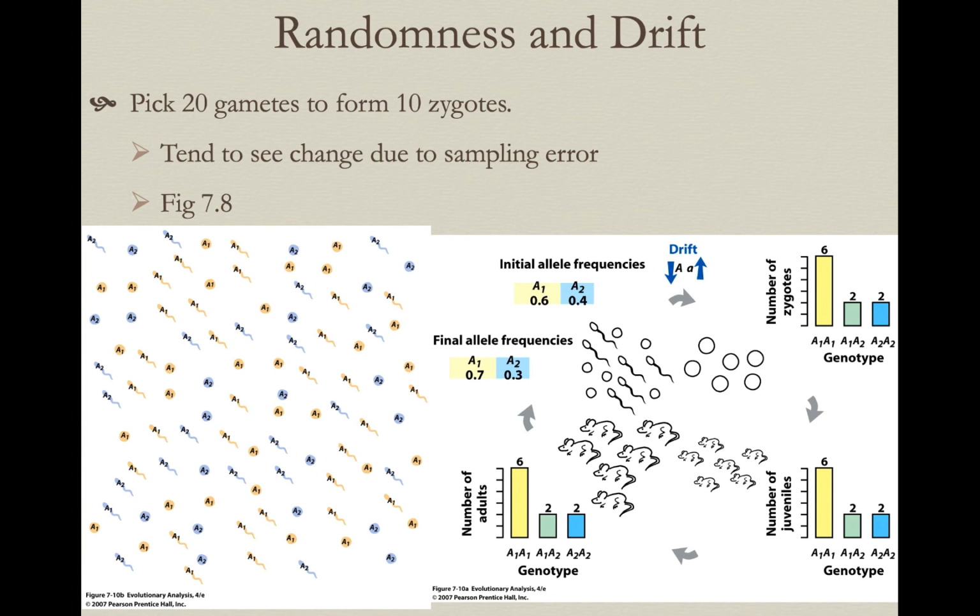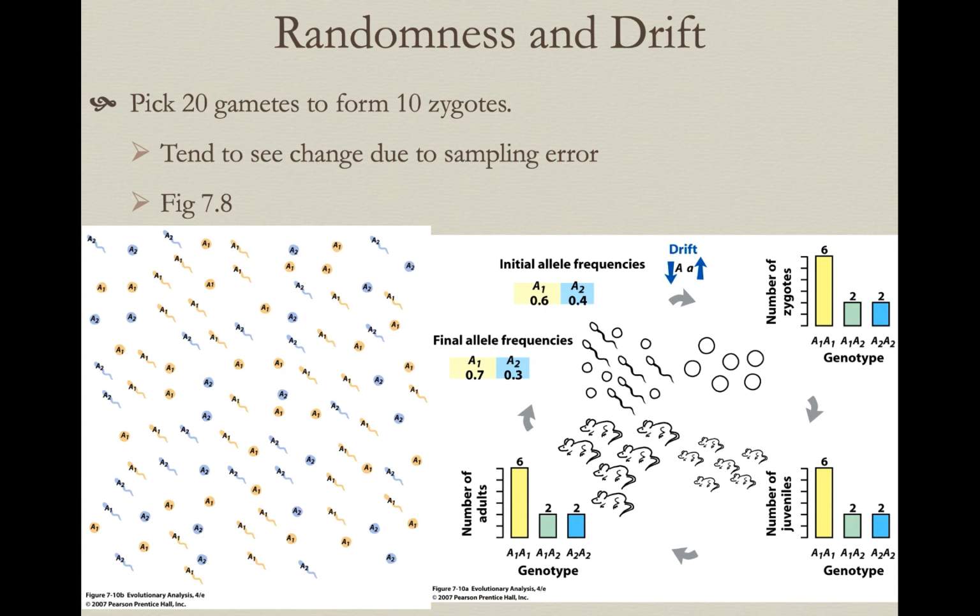And this is basically the same thing that's happening at the genetic level with evolution. So let's say that we start off with a population where we've got all these sperm and the eggs that are represented either by A1s or A2s, and that the initial allele frequency in this population is 60% of these are A1, 40% of them are A2.